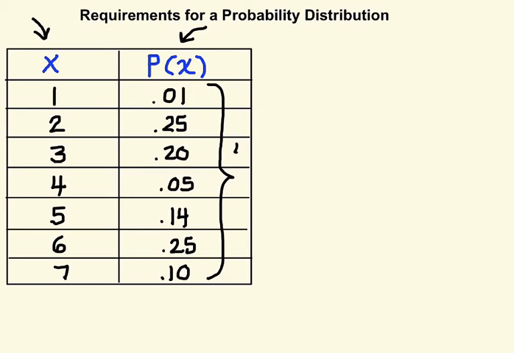So I can say that all of my probabilities individually, taken one at a time, are definitely between 0 and 1. They're all greater than 0 because they're all positive, but they're all less than 1. They're a fraction and they're less than 1.